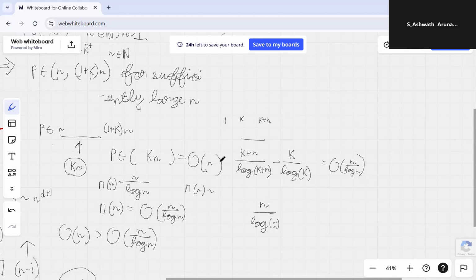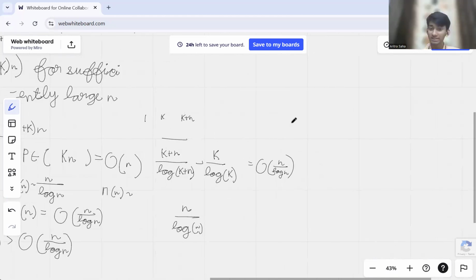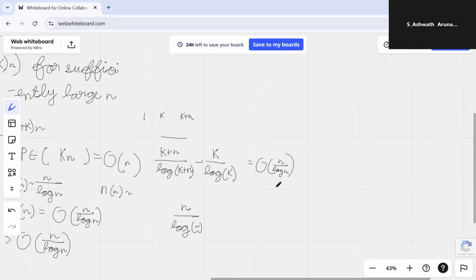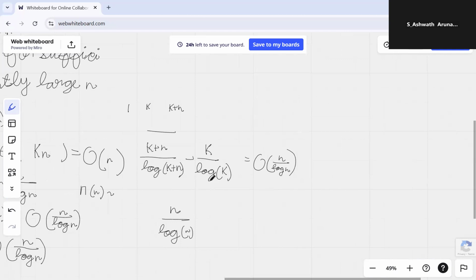So what if, when you subtract, using the lower bound for k plus n by log of k plus n as the constant multiplied to that, and the upper bound multiplied to k by log of k, you get a negative value? We haven't dealt with that, right? Why are we allowed to subtract two values which are asymptotic?